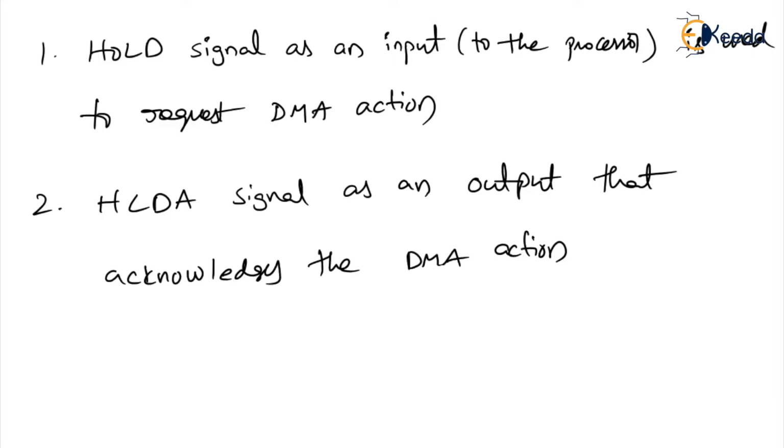The hold signal is used to request DMA. Suppose I require DMA, then you give the signal as hold. If you want to give the acknowledgement, then it gives HLDA.